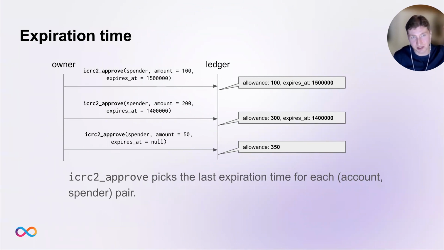And if for the latest request you don't specify an expiration time, saying I don't care, then we will just reset the expiration time, remove it from consideration, and keep the approval forever. So allowances add up, and for expiration time, we just pick the latest request.